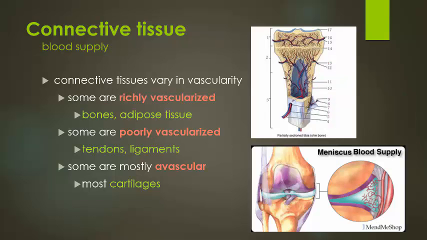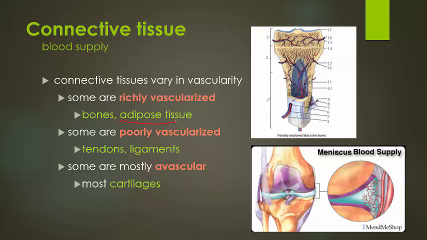So now we want to think about some of the characteristics of connective tissues. First, one characteristic we want to talk about is blood supply to connective tissues, because there's a variety of amounts of blood supply. Some connective tissues are very richly vascularized.